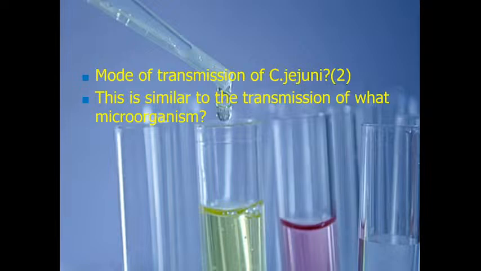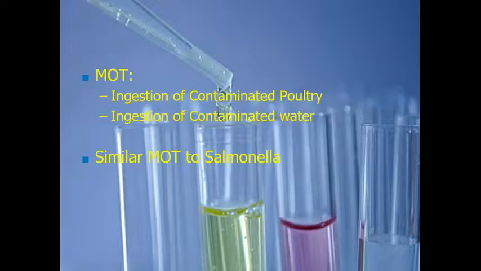The mode of transmission is almost familiar; the answer to the second bullet is basically similar to Salmonella. Okay, so contaminated poultry products. This could include chicken or eggs or any other poultry products that you might be ingesting.